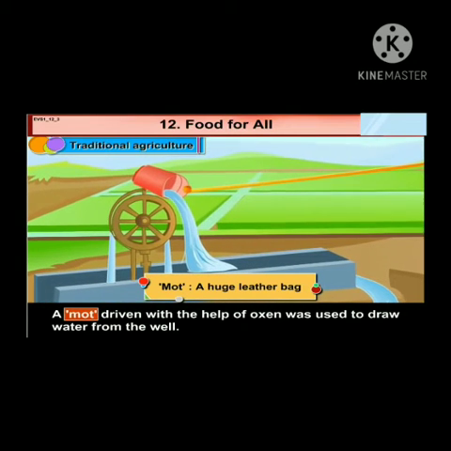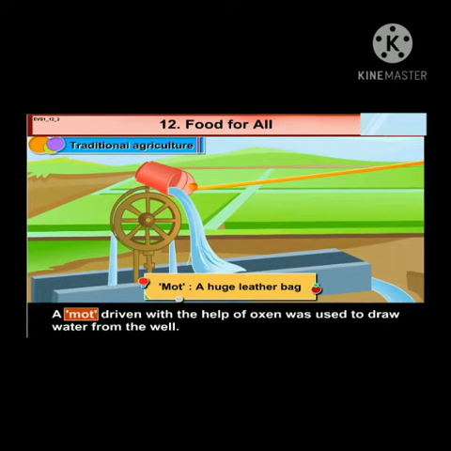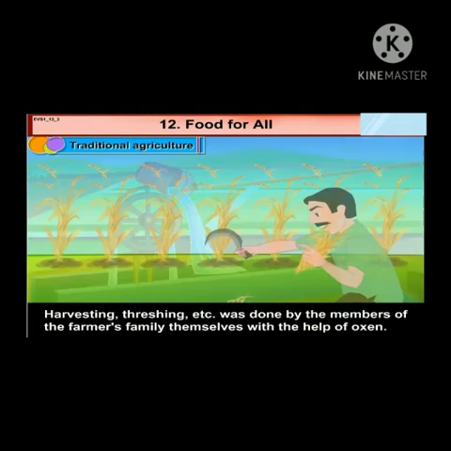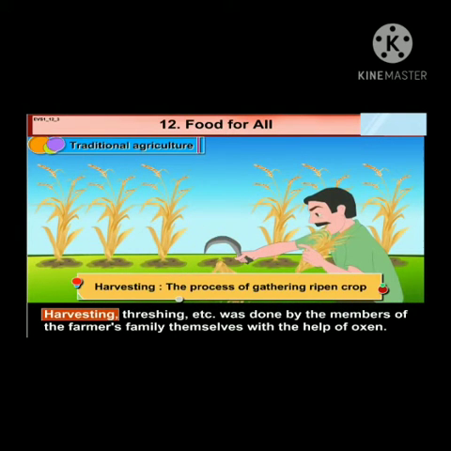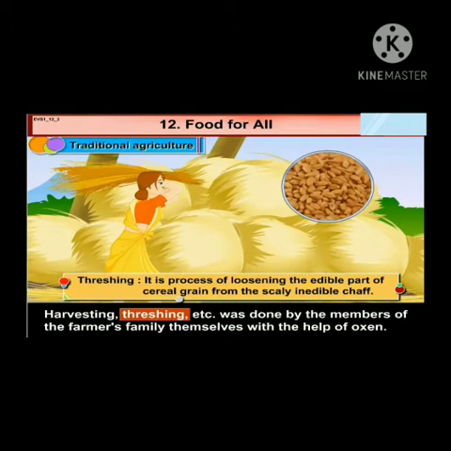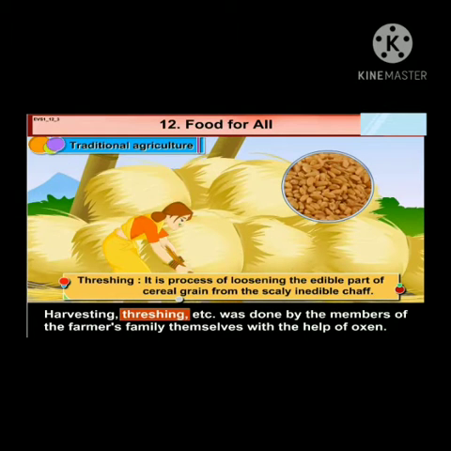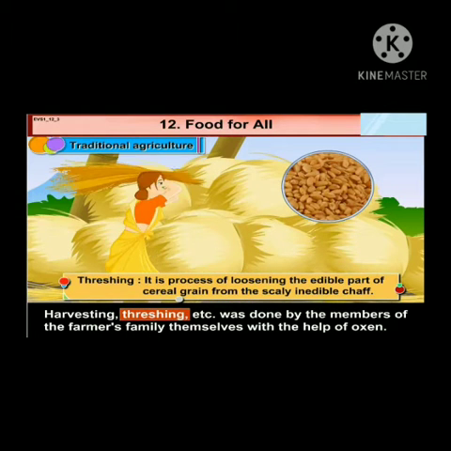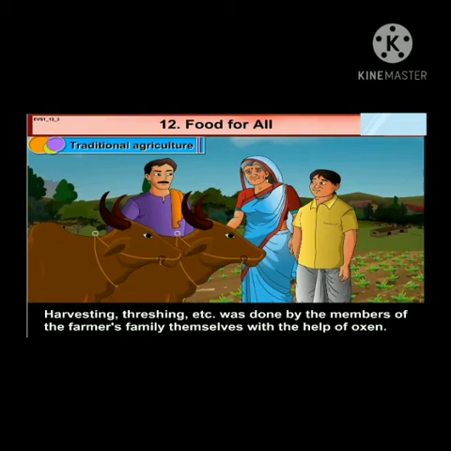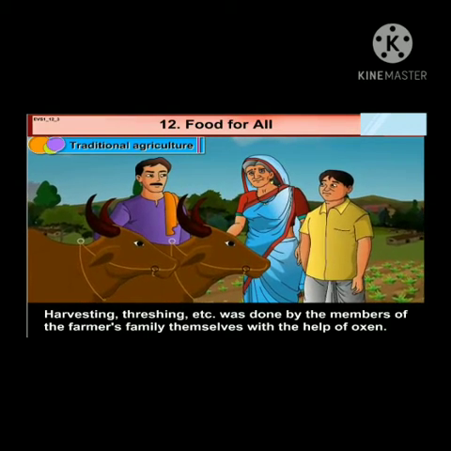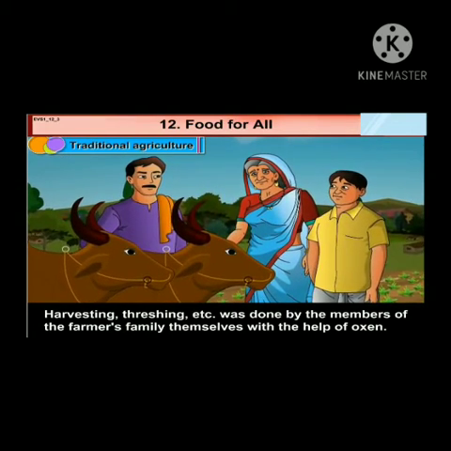A huge leather bag, driven with the help of oxen, was used to draw water from the well. Harvesting, the process of gathering ripened crop. Threshing, the process of loosening the edible part of the cereal grain from the scaly inedible chaff, was done by the members of the farmer's family themselves with the help of oxen.